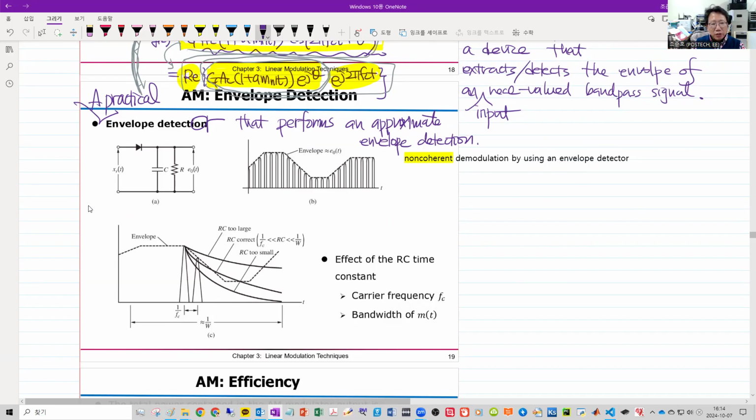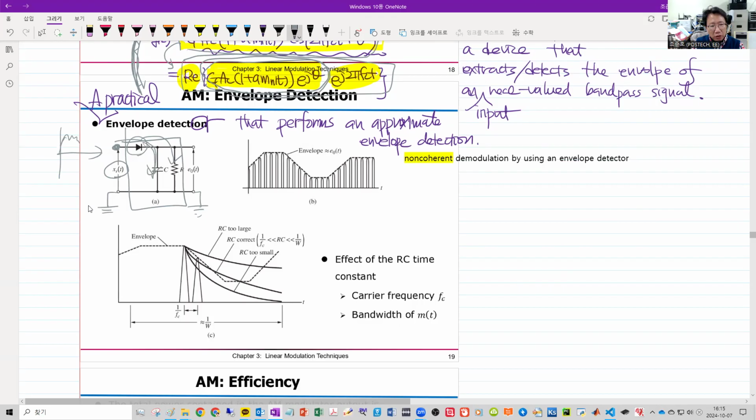Got it? So here is a diode, which is a nonlinear device, and we have an RC circuit. As you know, if the input signal to this two-terminal system has a voltage that goes up to the positive part, what happens? This diode turns on and the current flows, mostly through the diode if R is very large.